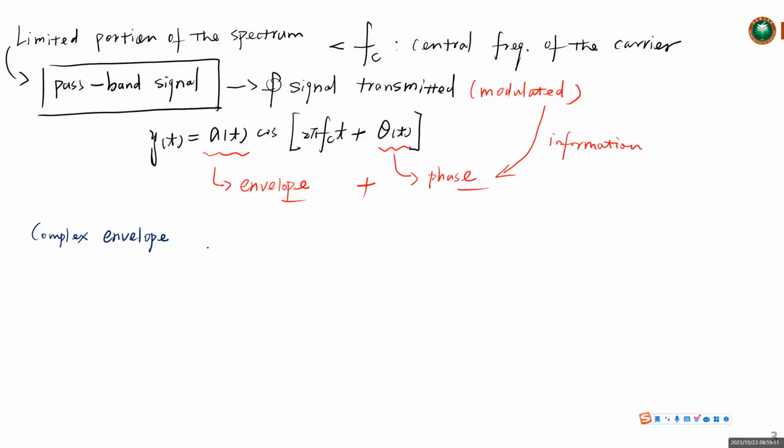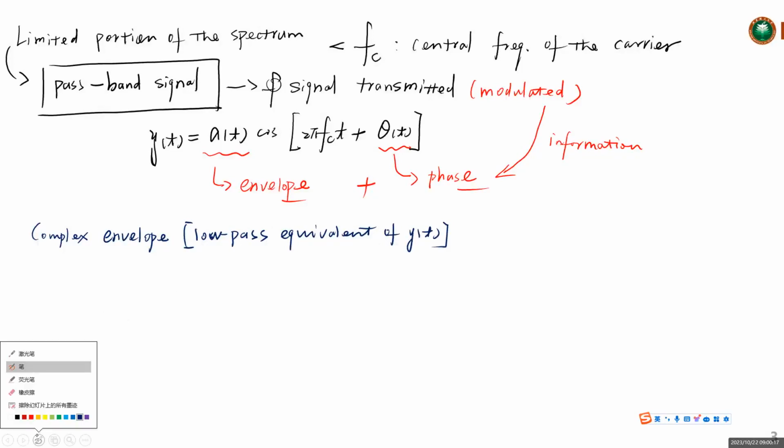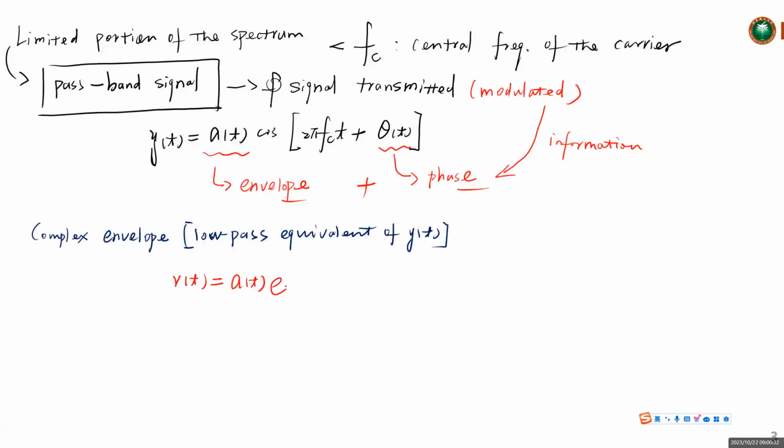Complex envelope. It can also be called the low-pass equivalent of y(t). So it can be represented using another parameter, r(t), which can be expressed as just a(t) e^{jθ(t)}, because it's a complex envelope.